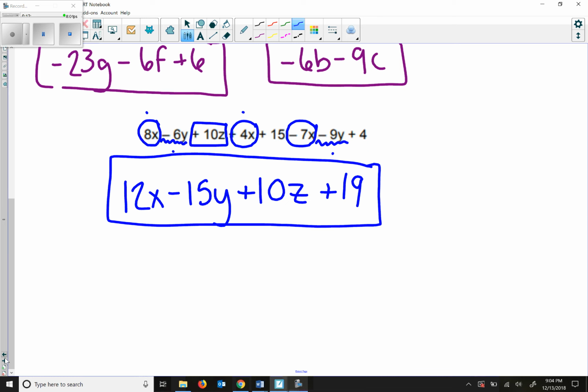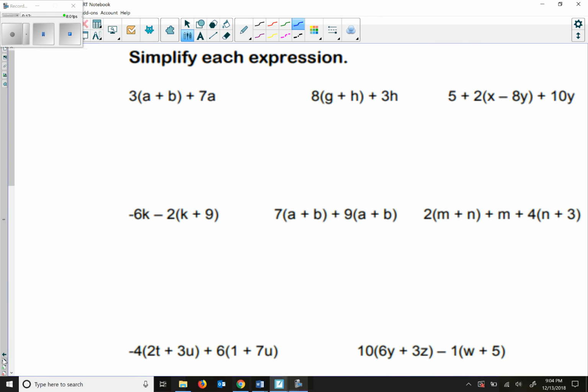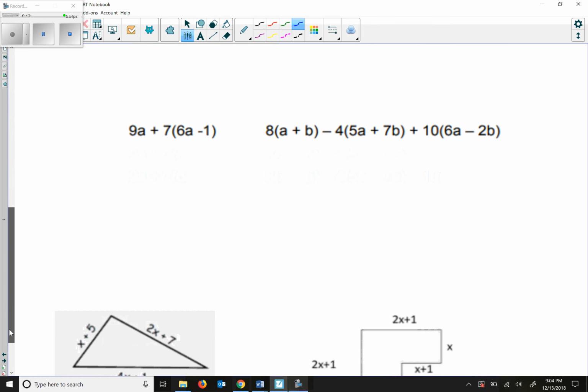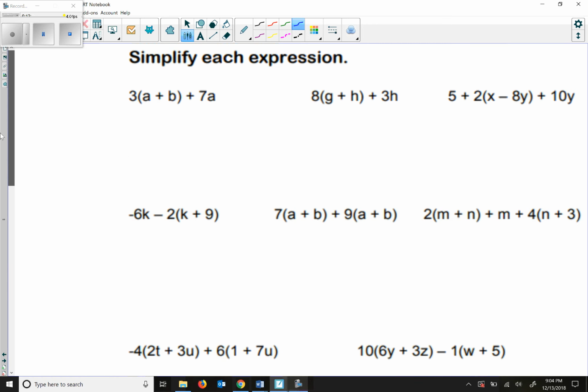Okay, let's take a look at this next slide really quick because now with these, they're not only having you simplify, but they're also having you distribute. So remember, we talked about distribution yesterday. So this isn't anything new, and you guys hopefully had a chance to look over some of your answers from your homework last night. So if I take a look at this first problem, my first thing is I've got to take this 3 and I have to distribute it through.